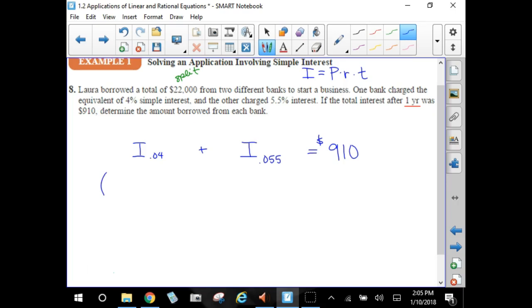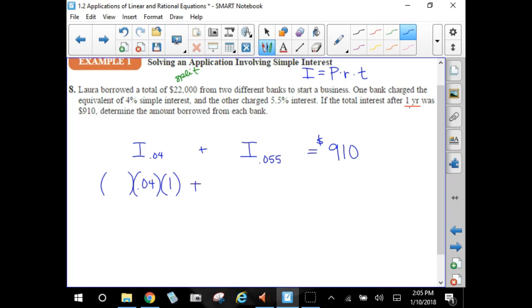It's going to be the principal that she invested at 4% times the interest rate of 4% times the time of 1 year. We have to figure out what is the principal that goes in this first set of parentheses there.